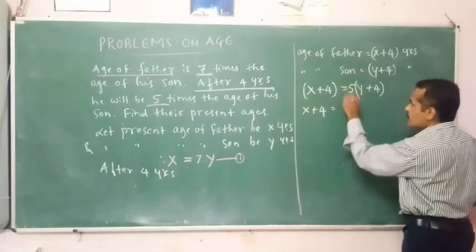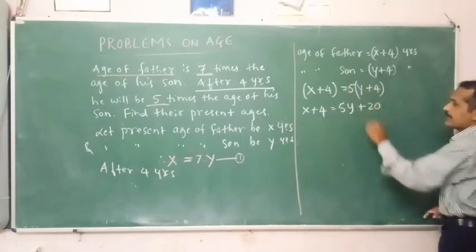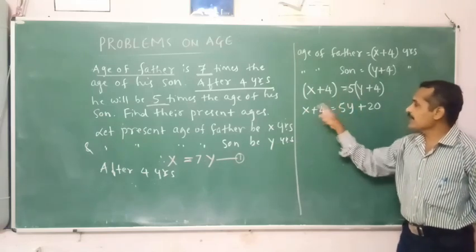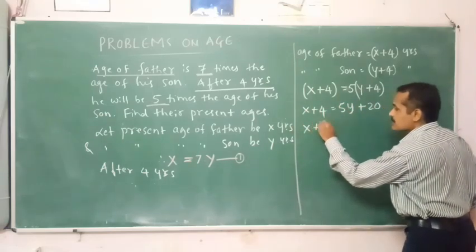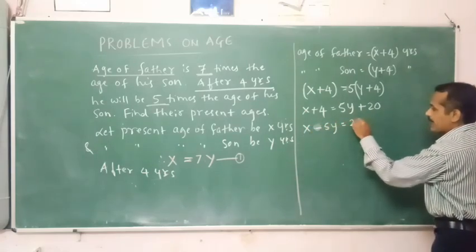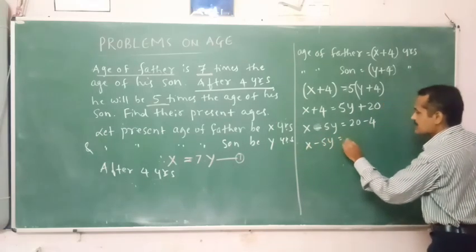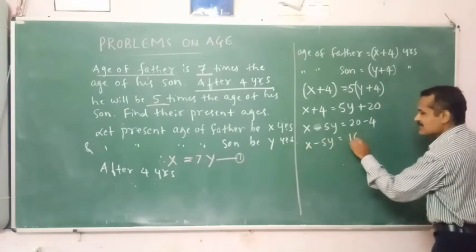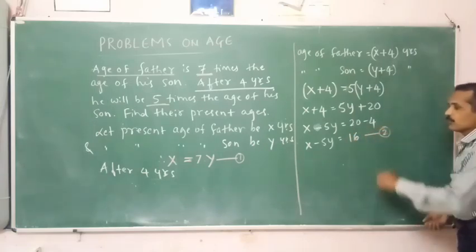X plus 4 is equal to 5y plus 20. Bring the y to this side, 4 to that side. X minus 5y is equal to 20 minus 4. X minus 5y is equal to 16. You call this equation number 2.